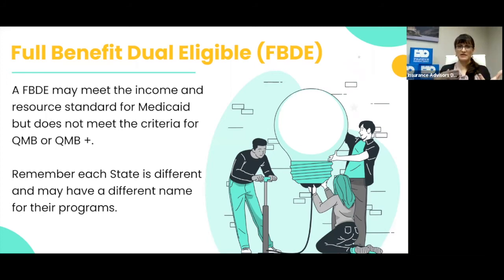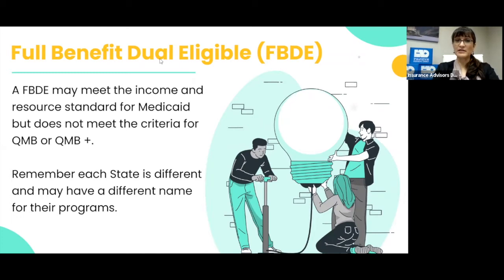Slim B, Slim B plus, and some of them will say FBDE. So that's where you want to see the levels they're accepting to be on that dual product. I hope I made sense of that for you guys. So again, remember that each state might not have this FBDE, and the others, they do.